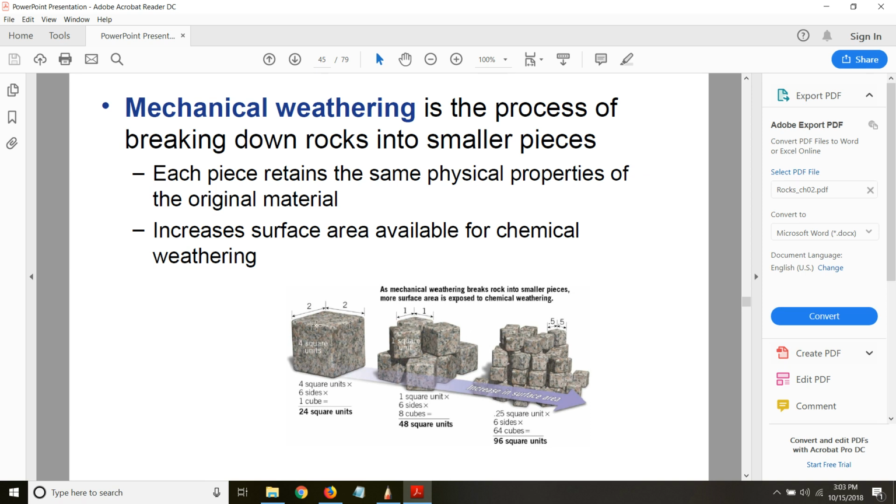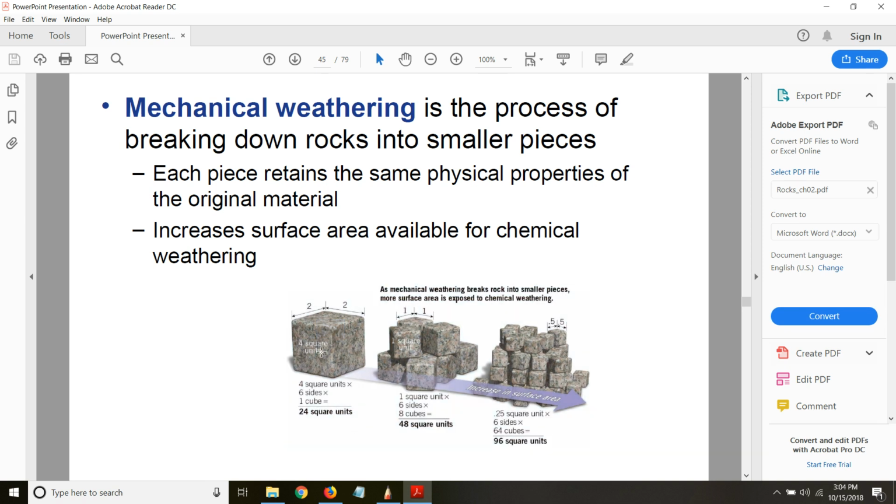As this big piece of rock breaks into smaller pieces, the exposed surface area continues to increase. That is the most important part here. Mechanical weathering increases the surface area available for chemical weathering or even for mechanical weathering itself. Every time a piece falls off, it exposes a larger area of the bigger rock, which becomes more exposed to weathering.